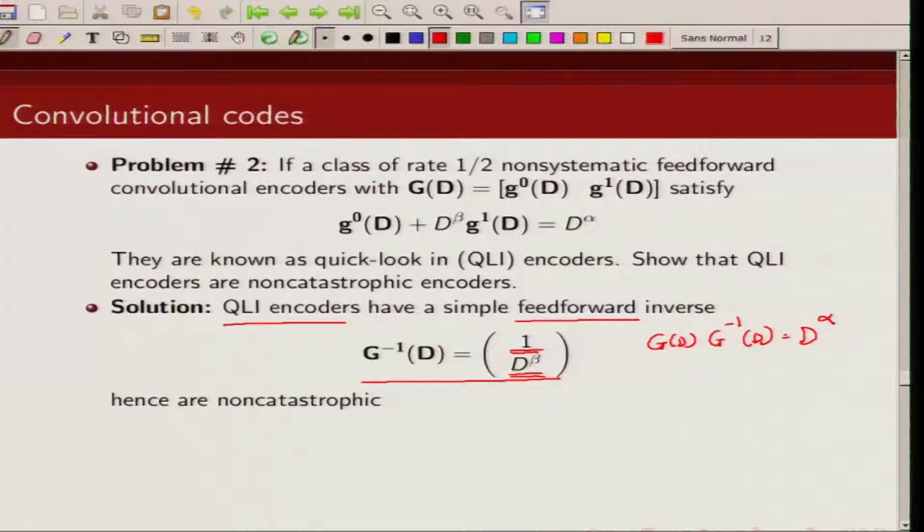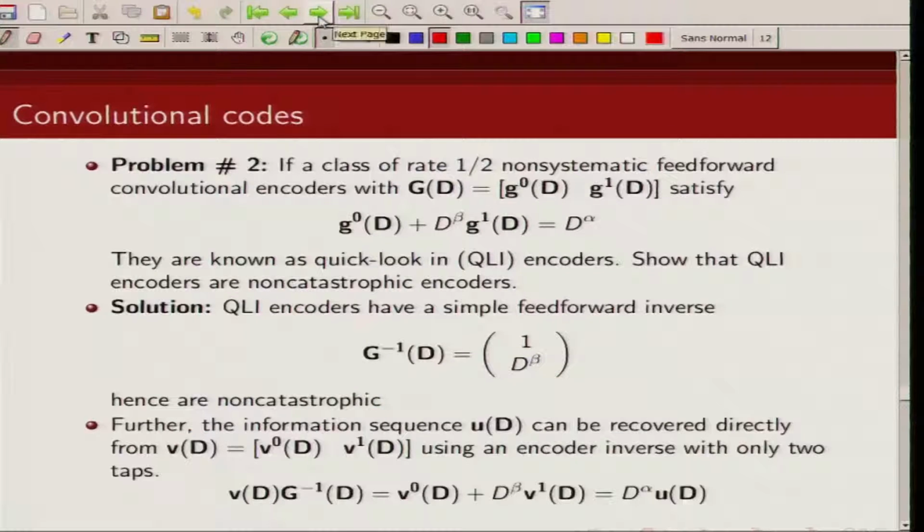So, because they have a feed forward inverse, they are not catastrophic.